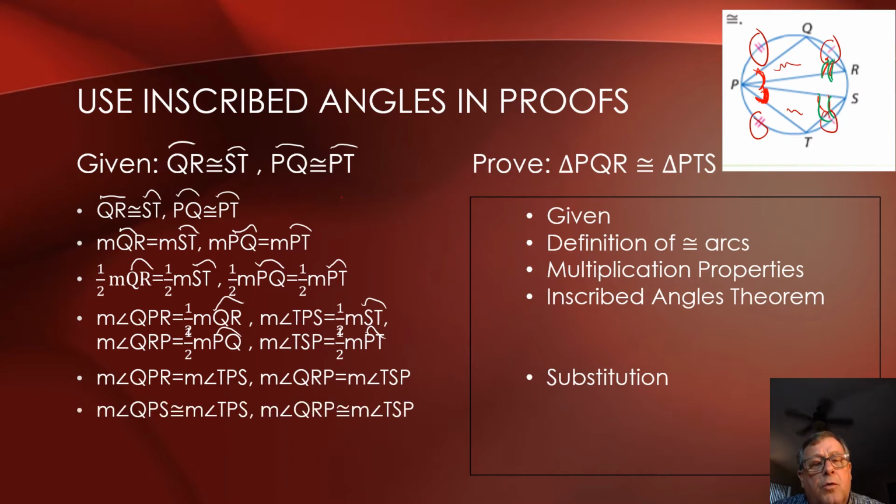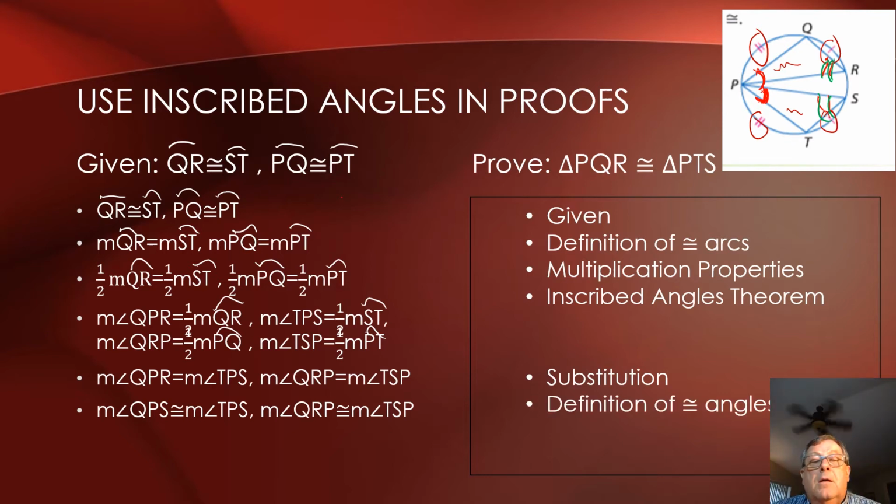And so, what do we got here? Then we go from equal to congruency. Angle QPR is congruent to angle TPS, and angle QRP is congruent to angle TSP. So I went from an equal to a congruency statement, and we're talking about angles. I bet the reason for that is the definition of congruent angles. Oh, yes, it is.